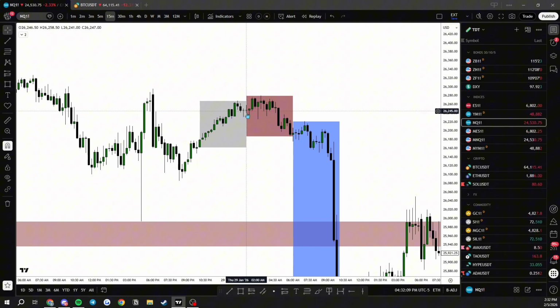We don't close below these up close candles, right? Take out another high. We do close below these ones, right? We close below those candles there. We have a change in state of delivery here. You could enter there, put your stop at the high, target Asia low, or target relevant liquidity, right?